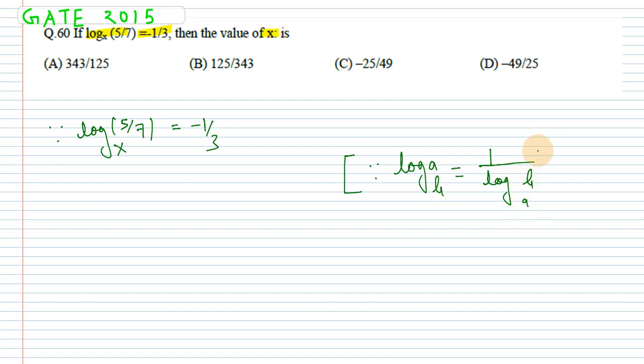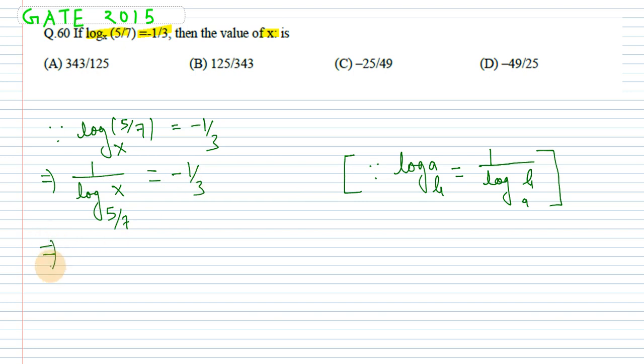So this is one of the properties of the logarithm function. So we can use it. If we use this, then it will be equal to log, the base will now become 5 by 7, and the x comes over here, which is equal to minus 1 by 3.